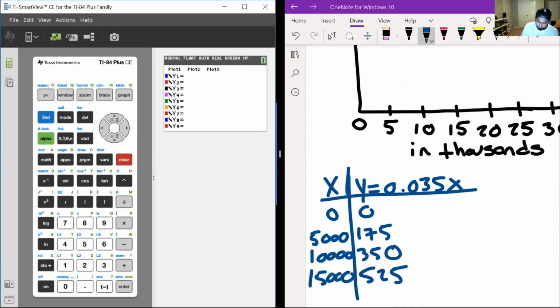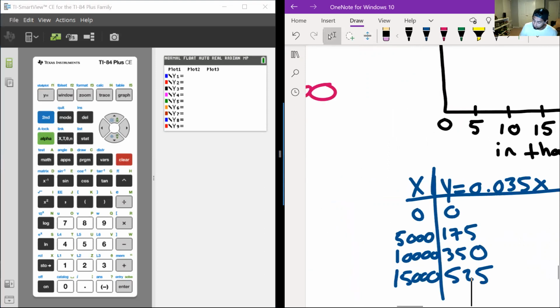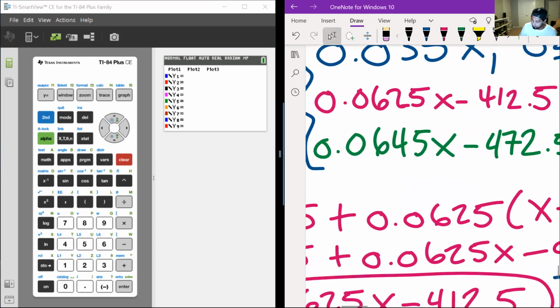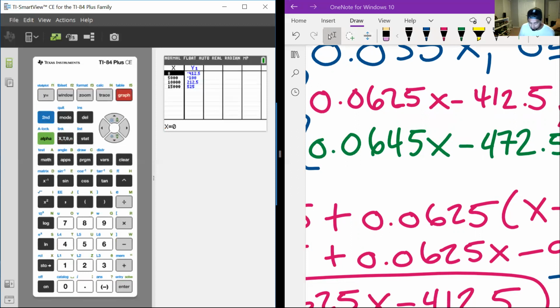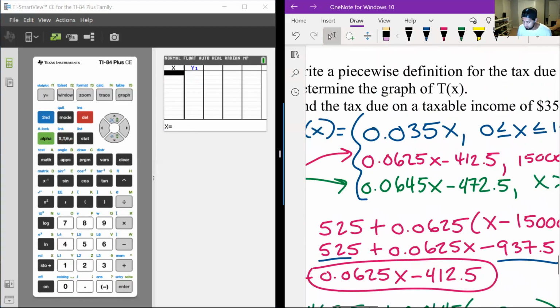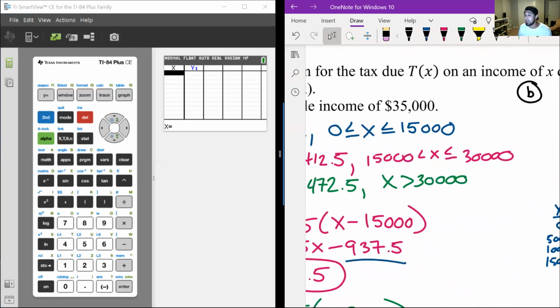So let me see. Right here. 0.0625x minus 412.5. Enter second table. And for this function, we know we can use values between 15,000 and 30,000.